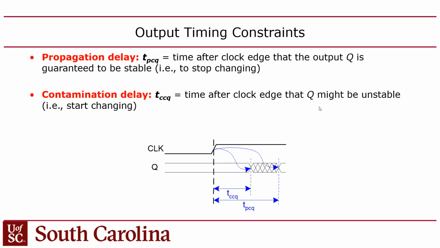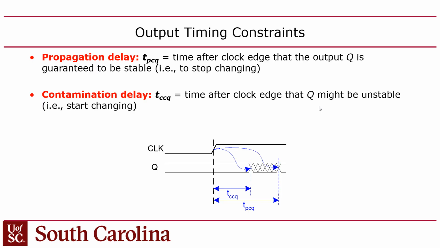The way you build a flip-flop is by taking logic gates and cross-coupling them, connecting them where the output of one gate feeds into the input of another and vice versa. You create a cross-coupled arrangement of logic gates to create a flip-flop. And the flip-flop is supposed to update its output after the clock edge, right? So you get a rising clock edge and it updates Q. But not right away, because it has its internal delay.